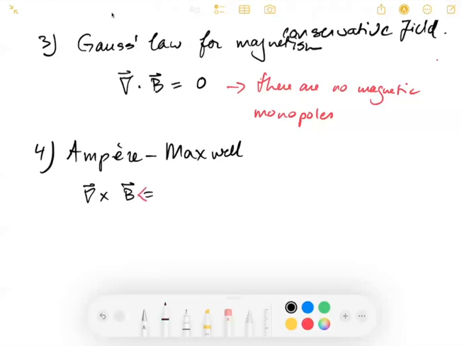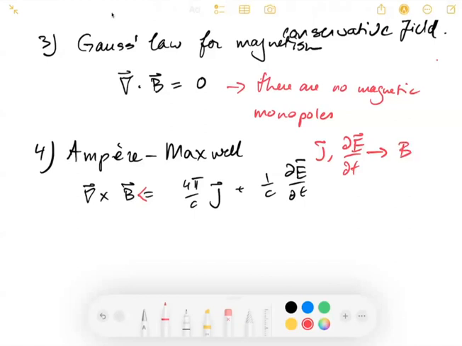So the curl of B is 4 pi over c times J plus 1 over c dE/dt. So what does it say? It says that a J or a dE/dt, that's not a B, excuse me, that's an E, causes a magnetic field.